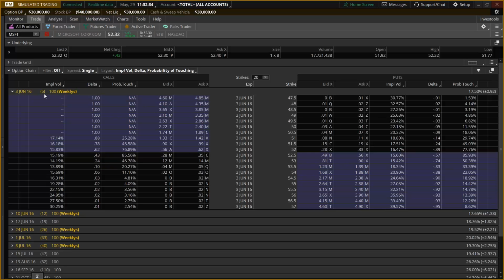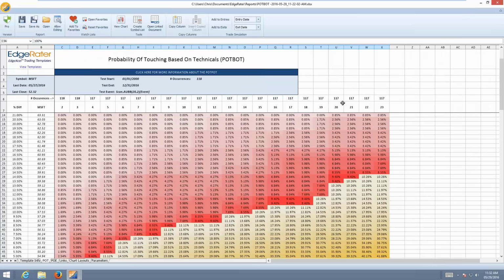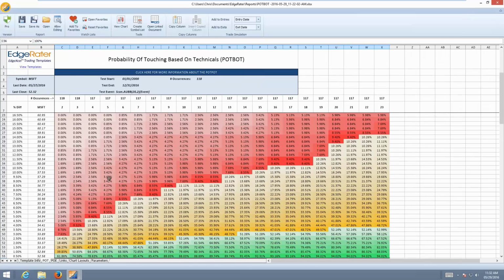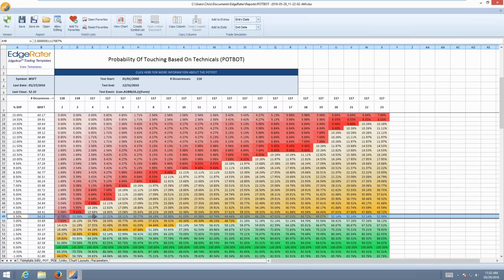That's after 5 days, and for this report here, you don't have to rerun it for 5 days, because obviously we ran it for 23 days. We can just look at the 5-day column and see that our 54 level is plus 3.5%, and after 5 days we're expecting, let's see where that is, a 22% chance.